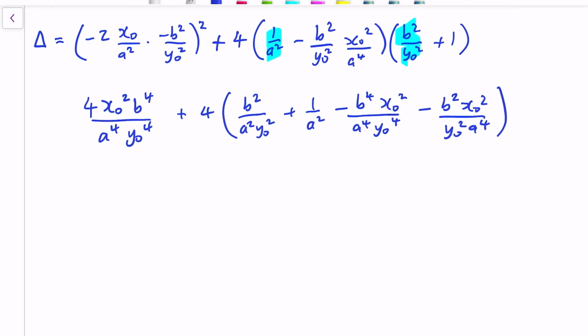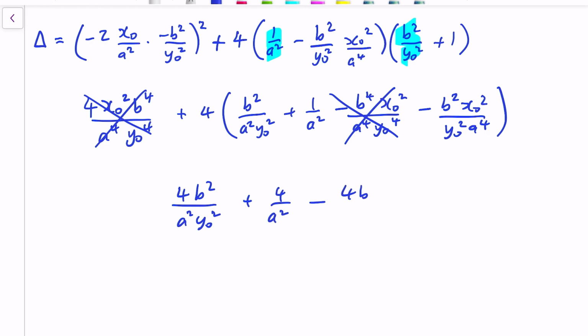Okie dokie. Are there any things that cancel straight off the bat? Yes, that term there cancels with that term there. Okay, and so we've got 4b squared over a squared y naught squared plus 4 over a squared minus 4b squared x naught squared over y naught squared a to the 4.